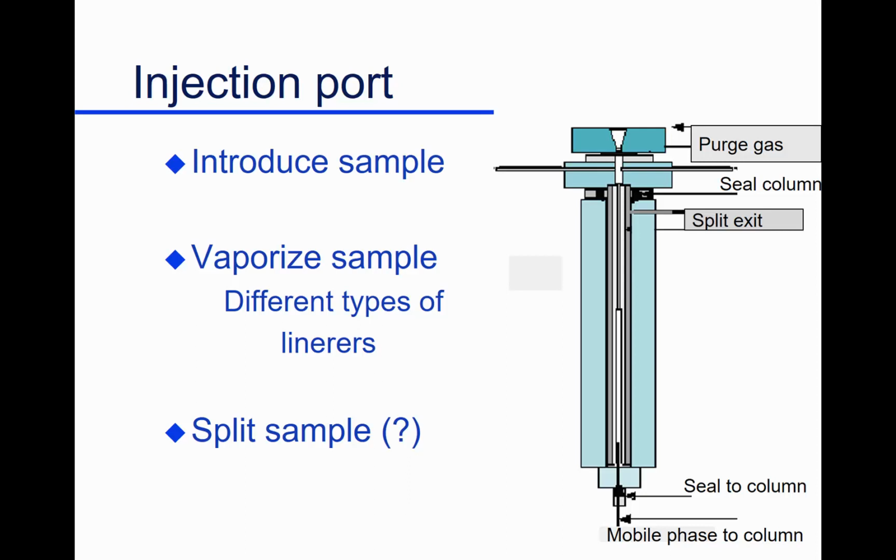And so there's our small column down here. It's very much of a restriction. So we get 50 mils per minute coming in here. Some of it just gets split out. It goes outside of the tube and goes out the exit. So really what we inject, some small portion of the amount we put in, actually gets analyzed. The vast majority of the sample gets split and discarded.